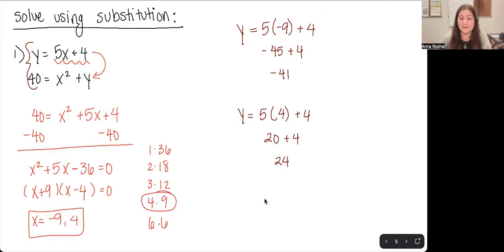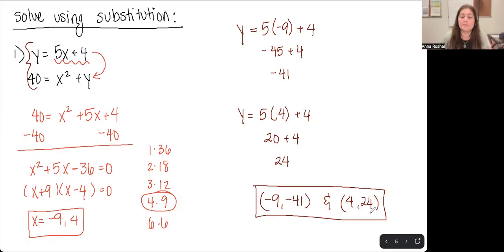So my final answer is going to be negative 9 comma negative 41 and 4 comma 24. One more thing I would like to say is that when you give this particular answer, you want to make sure you're putting the coordinate points into parentheses. If they're not in parentheses, then all they are is just a set of numbers.